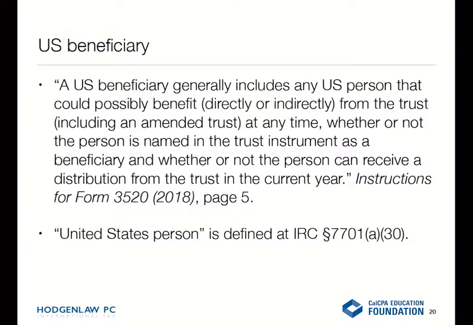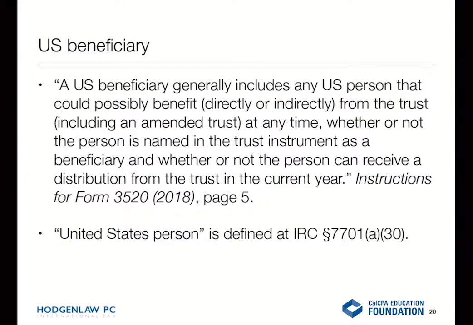The Form 3520 instructions give us a little bit of a definition for U.S. beneficiary. A U.S. beneficiary generally includes any U.S. person that could possibly benefit, directly or indirectly, from the trust, including an amended trust, at any time, whether or not the person is named in the trust instrument as a beneficiary, and whether or not the person can receive a distribution from the trust in the current year.